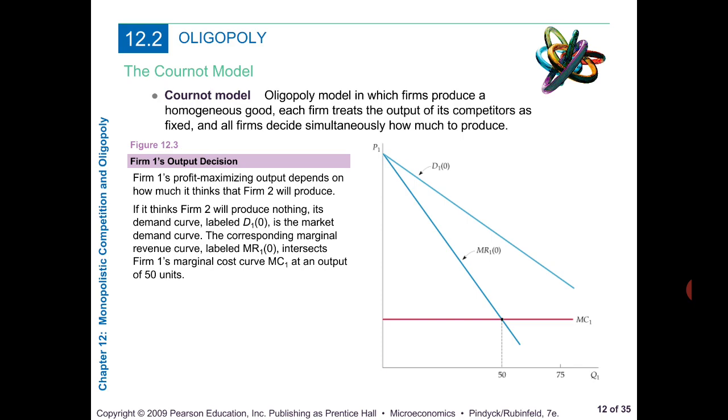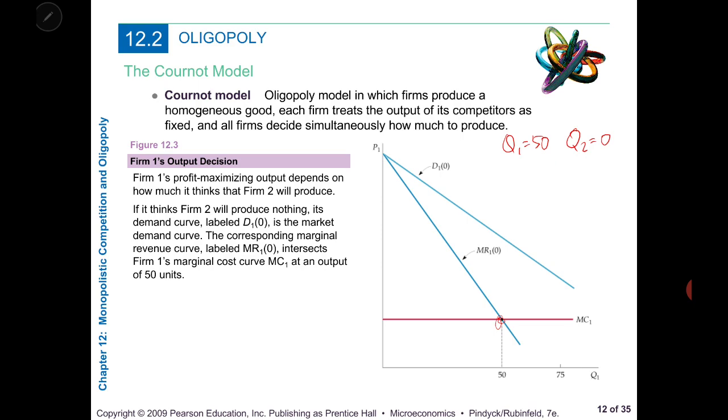So if firm 1 thinks that firm 2 is not producing anything, then they will decide to produce 50. Because with the expectation of 0 output from firm 2, D1 has its MR intersecting with MC at 50.